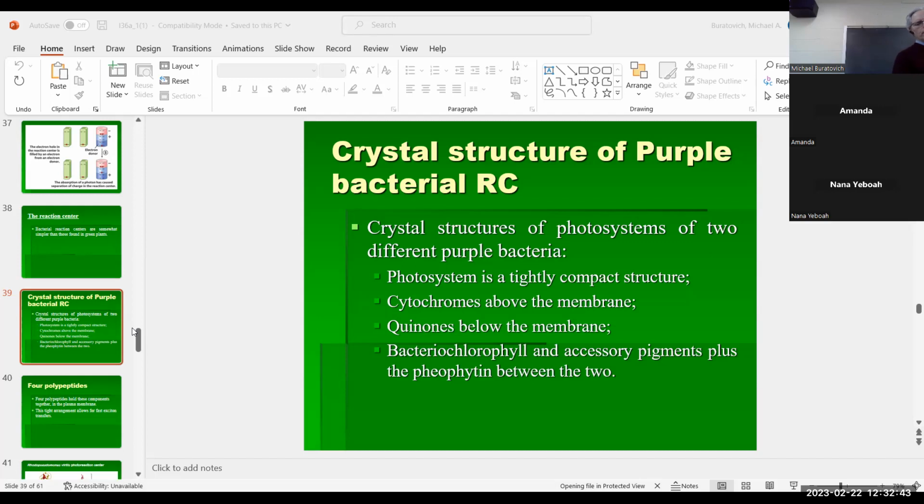All the work done on the blue-green bacteria says this is a natural monophyletic group. That's pretty well established. The purple bacteria come in the purple sulfur bacteria and the purple non-sulfur bacteria.